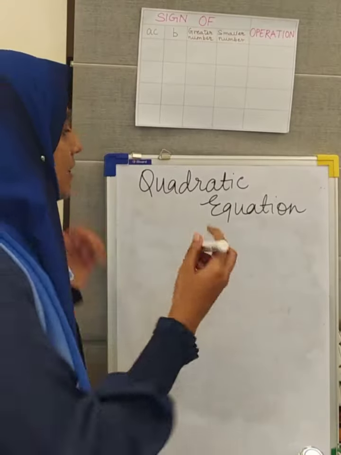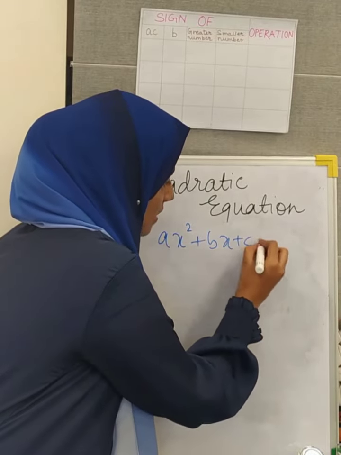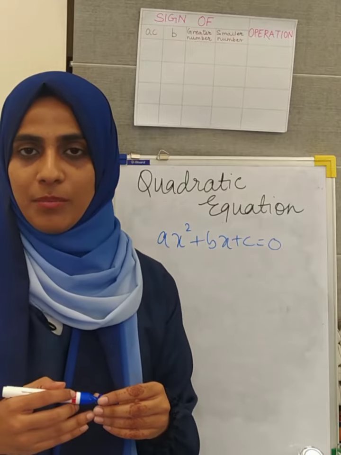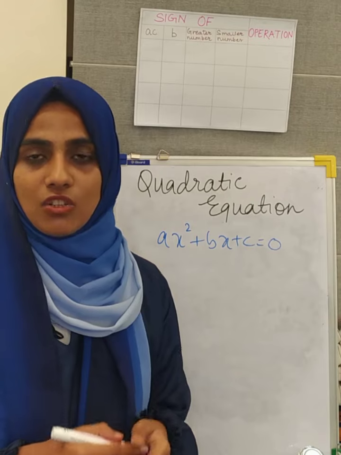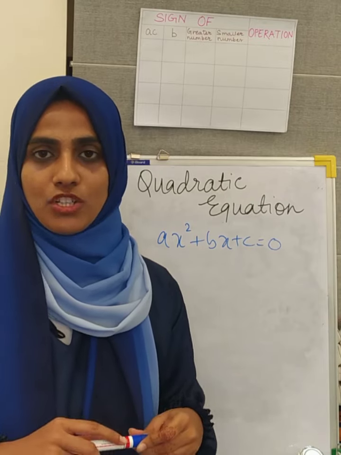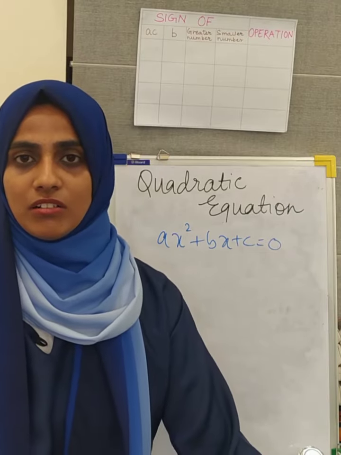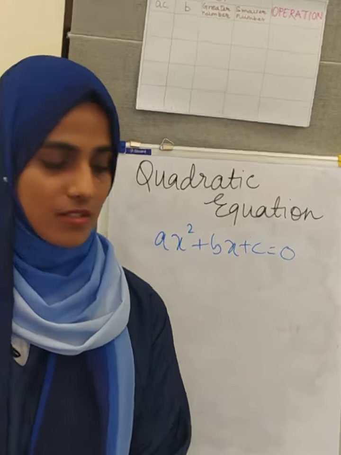For the standard form, ax square plus bx plus c is equal to 0, the value of variable which satisfies the equation is called the solution of the equation, or it is called the root of the equation. Let us see how using the factorization method we can find out the root of the quadratic equations.